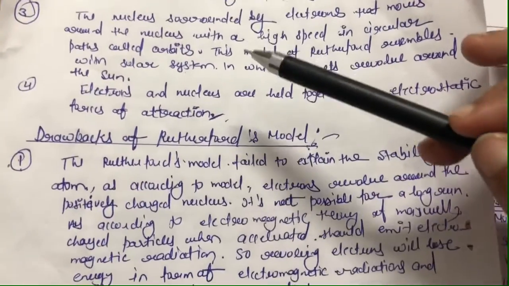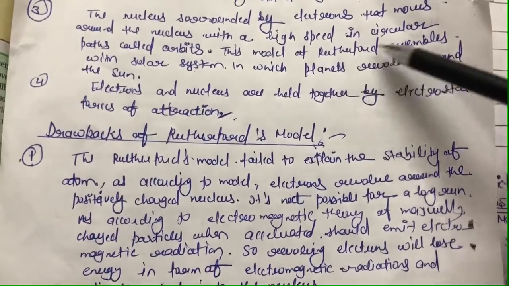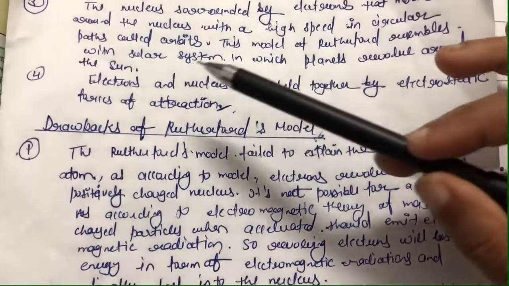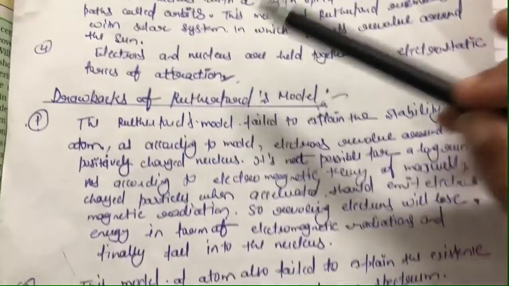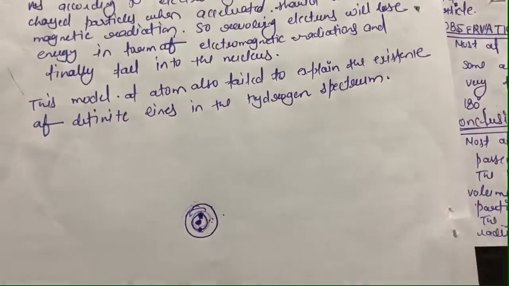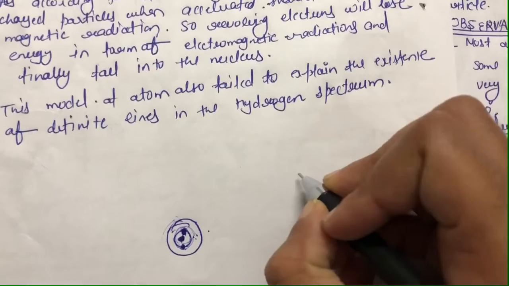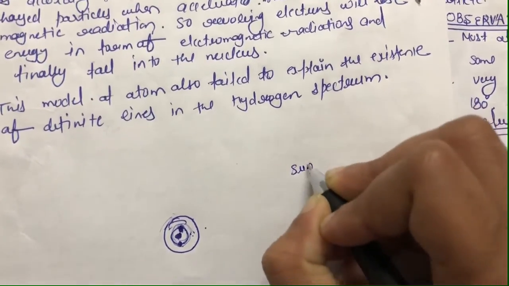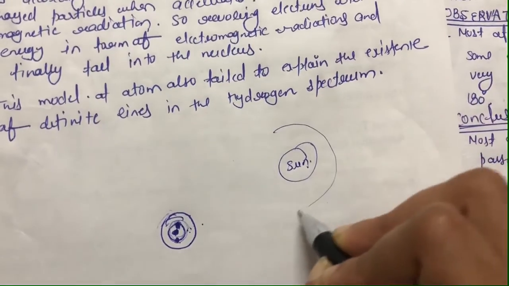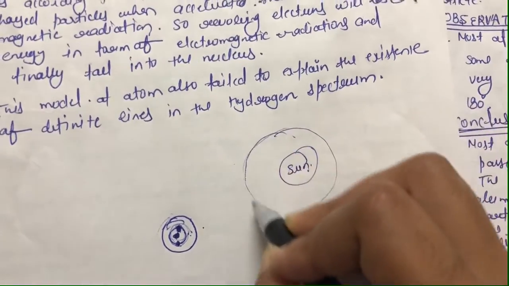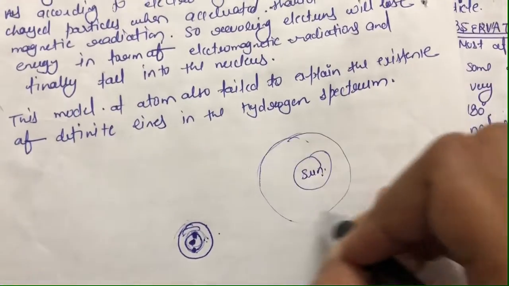this model of Rutherford totally resembles the solar system, in which the planets revolve around the sun. In the solar system we can take the example that this is the sun, and the planets are also revolving around it in circular or elliptical orbits.